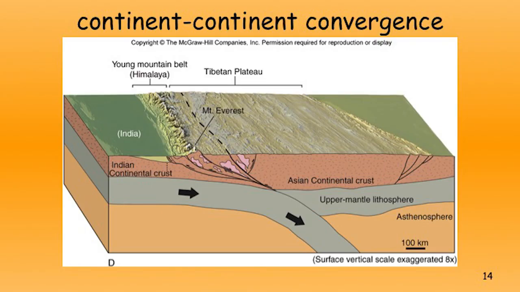So at this point, the two continents have merged together, but you still have two plates, because plate 1 on the left is still pushing against plate 2 on the right. But because you have two continents pushing against one another, they can't subduct anymore. Remember, the continental crust is too buoyant.